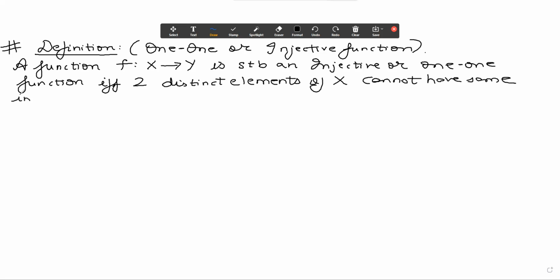That is, mathematically, if f of x1 is equal to f of x2, it implies that x1 is exactly equal to x2.